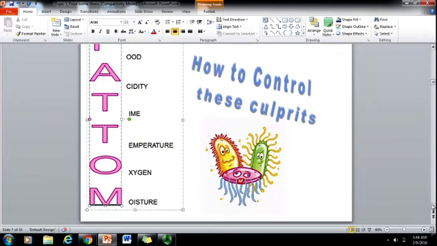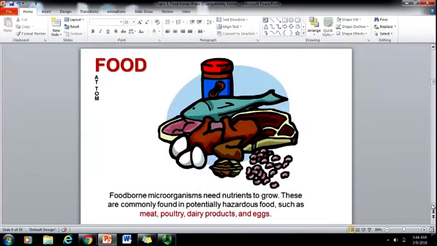The first F is food. As I mentioned earlier, bacteria love to grow on food that has higher protein and carbohydrate content, such as meat, poultry, baked potatoes, dairy products, and eggs.